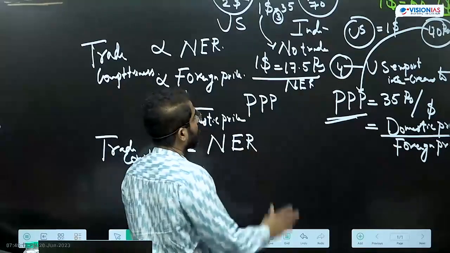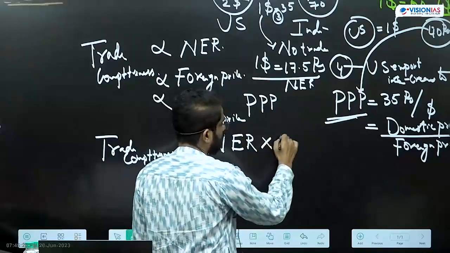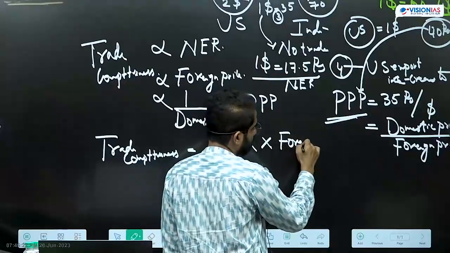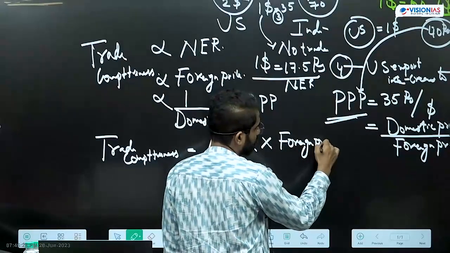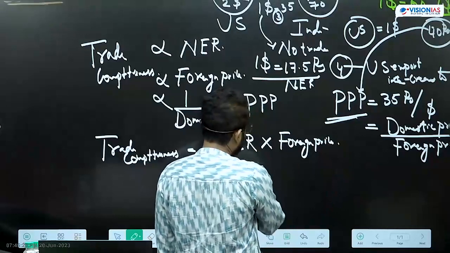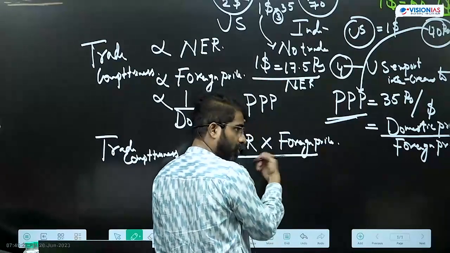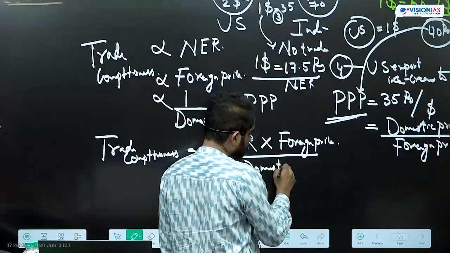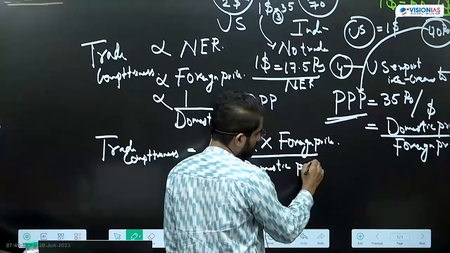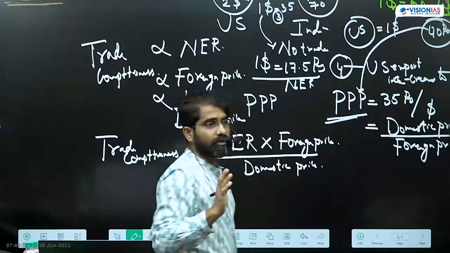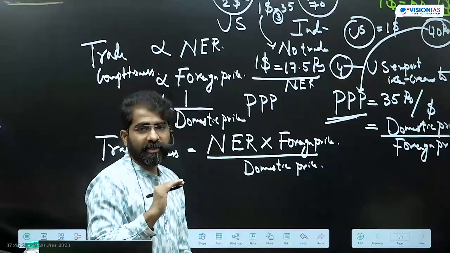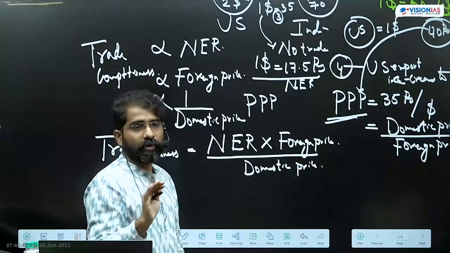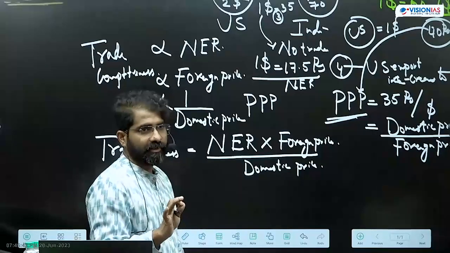It is directly proportional to foreign price, and it is inversely proportional to domestic price, or Indian price. Is that okay? We are not talking about anything like effective exchange rate here. We are only talking about real exchange rate.